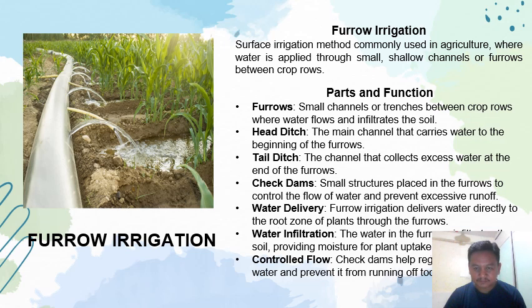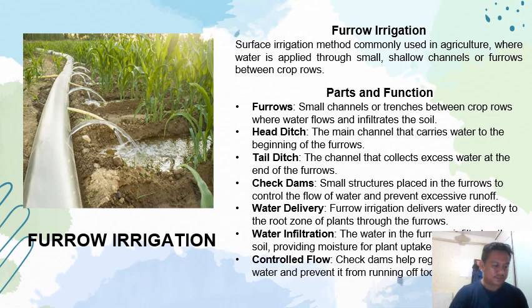Head ditch, the main channel that carries water to the beginning of the furrows. Tail ditch, the channel that collects excess water at the end of the furrow. Check dams, small structures placed in the furrow to control the flow of water and prevent excessive runoff.